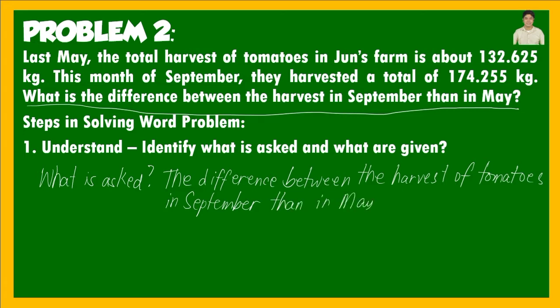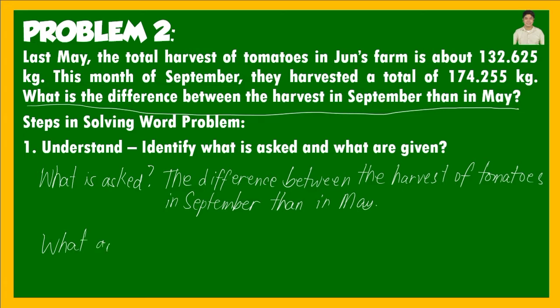Ayan, so tinitignan natin, so gaano ba kalayo yung agwat nung harvest doon sa September and May. Kitang-kita naman kasi na mas maraming na-harvest na tomatoes dun sa month of September than dun sa month nung May.